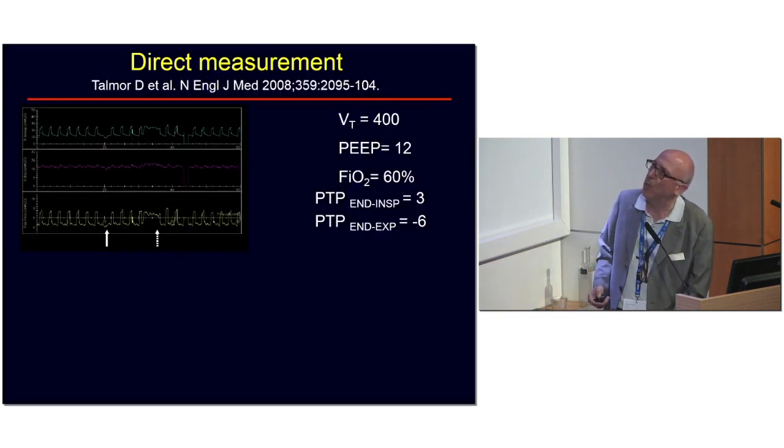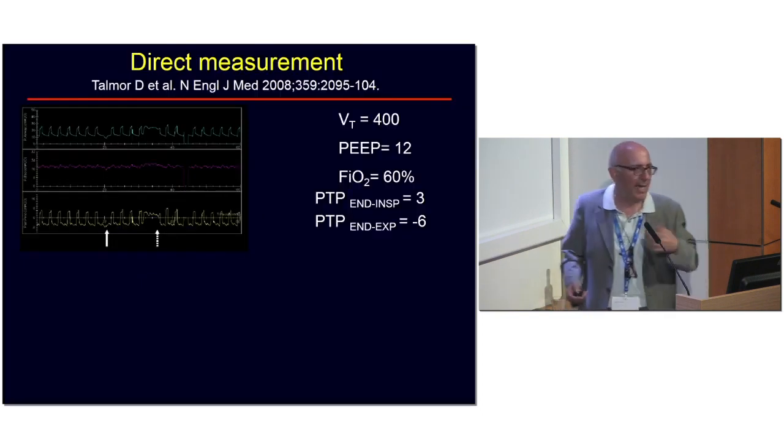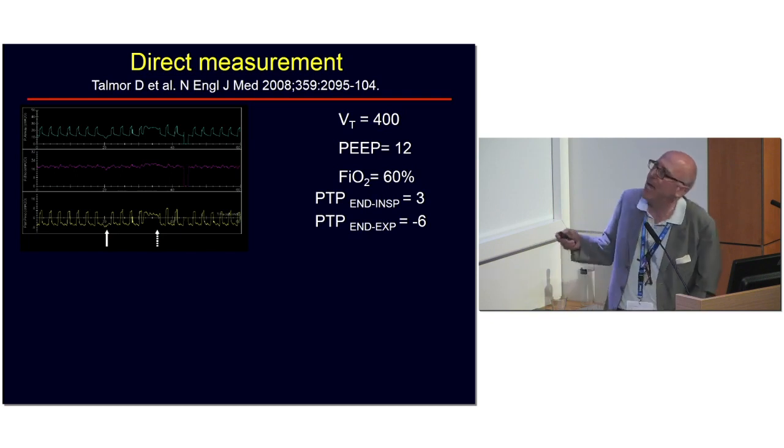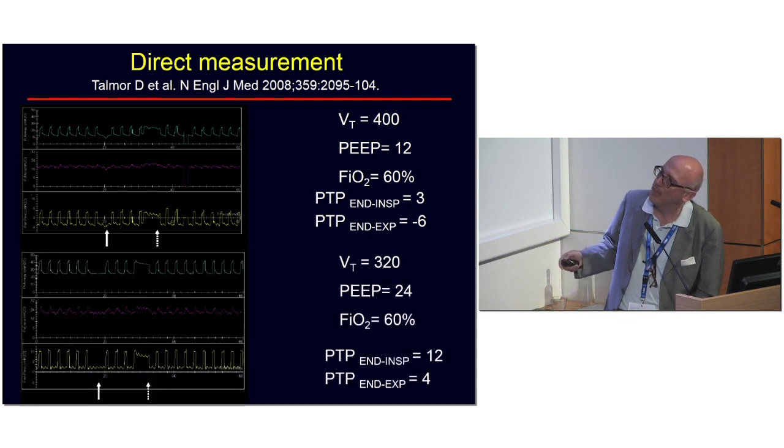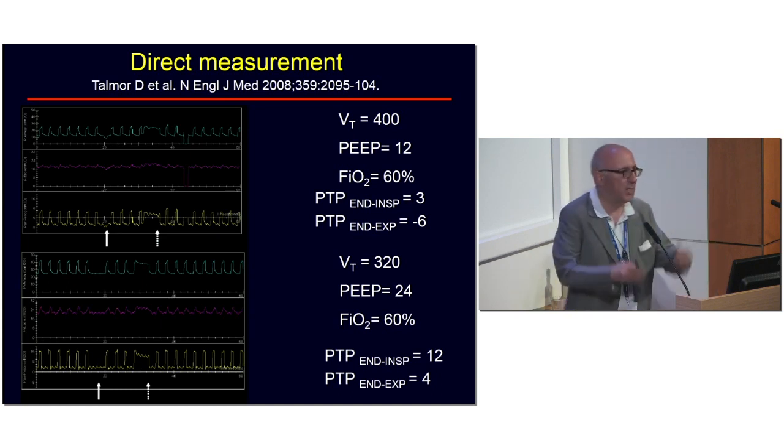There are different methods to measure. The one proposed by Talmor is the absolute difference. For example, here you have transpulmonary pressure at end inspiration of 3, and at end expiration of 6. Or here they added PEEP and you have 12 at end inspiration and 4 at end expiration. This is very easy.